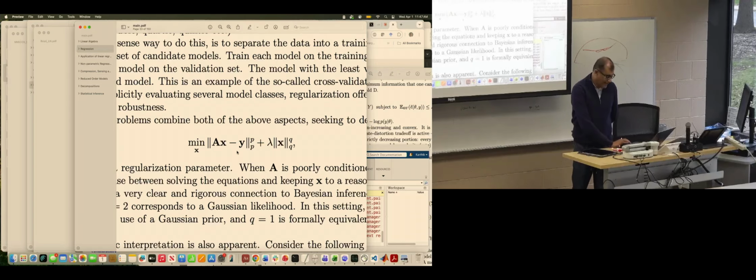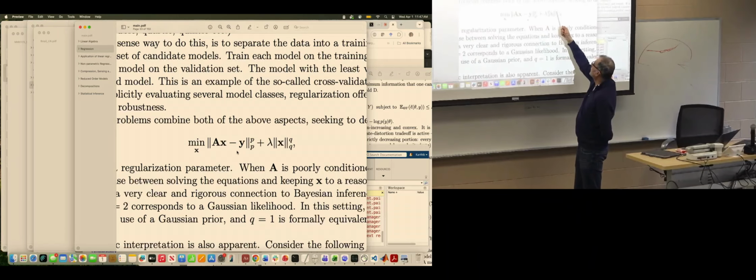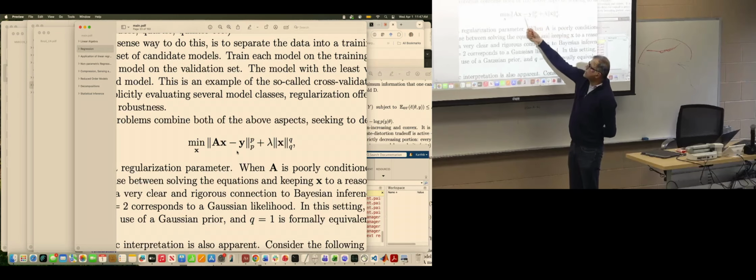And there is something very interesting, like Sanjan was saying: if p equals 2 and q equals 2, and we assume Gaussians, this is the same as Bayesian inference with Gaussian priors.